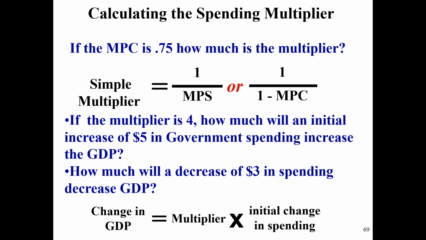Change in GDP equals multiplier times initial change in spending. Like we were doing those problems yesterday where you had to figure out how much of the gap. So that would be the change in GDP. And then sometimes they give you the multiplier and the initial change and ask you how much GDP is going to change. I think if you know that formula, that gets you 2 to 4 questions in the multiple choice.